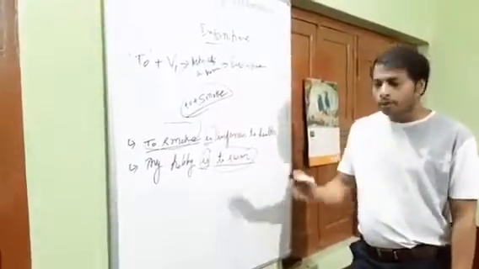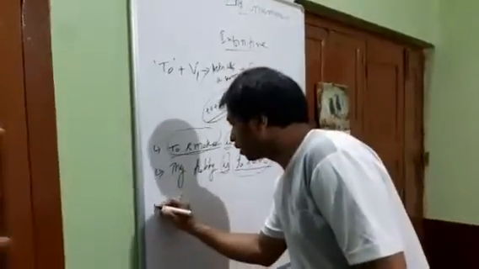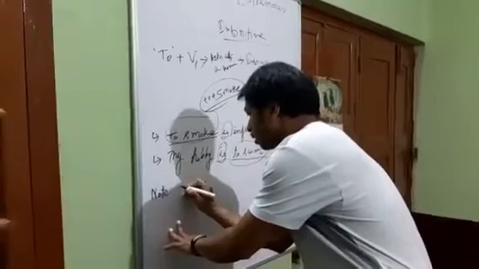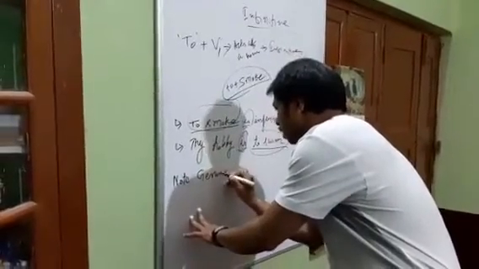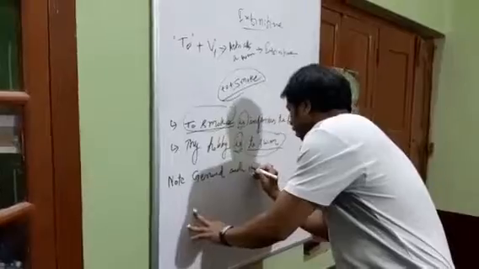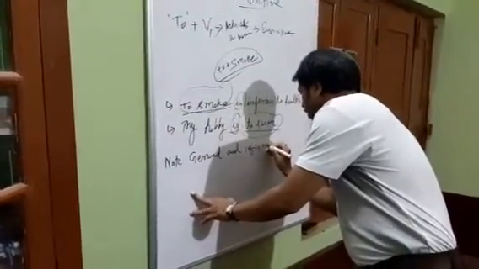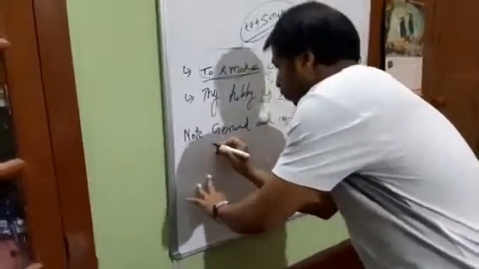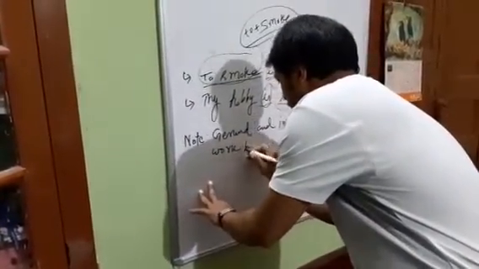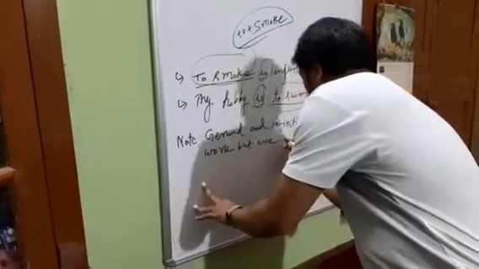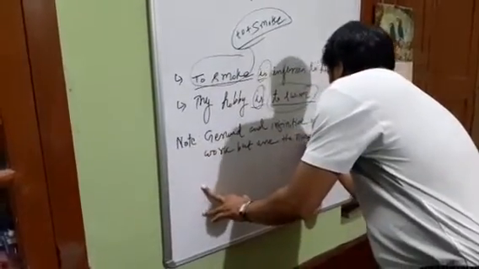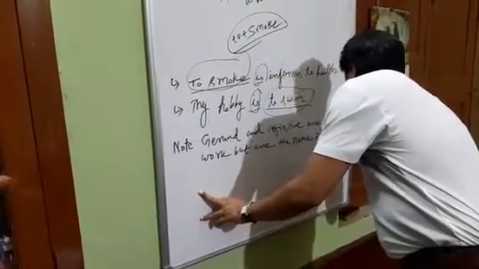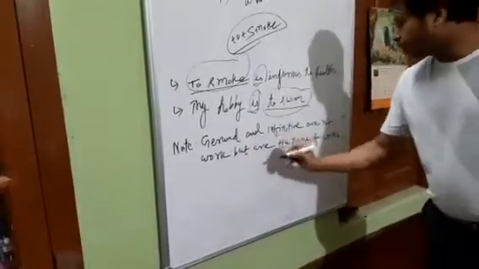Hence, from these two, we can conclude, or we can write a note of it: gerund and infinitive are not verbs but are the names of verbs. General infinitives are not verbs.